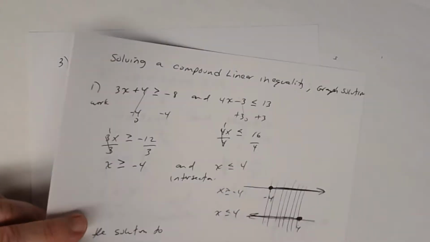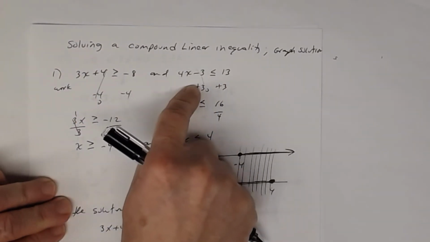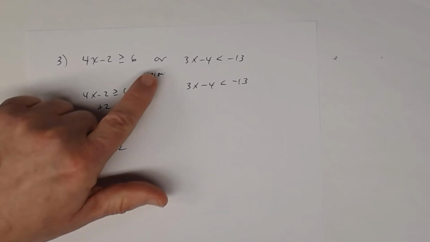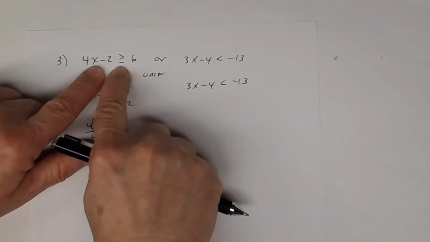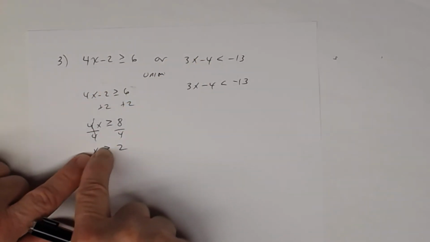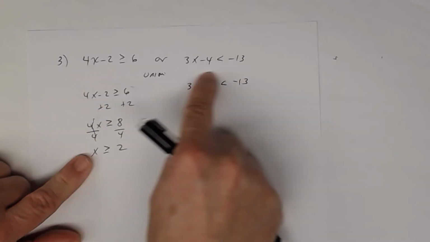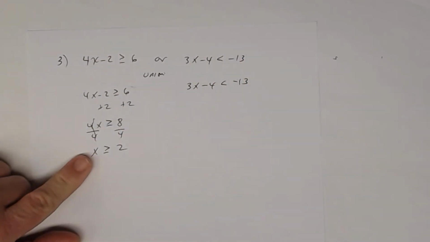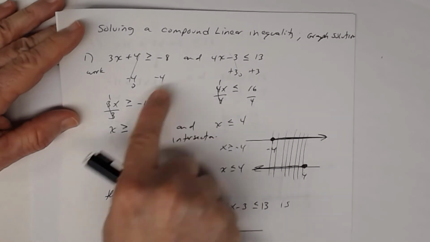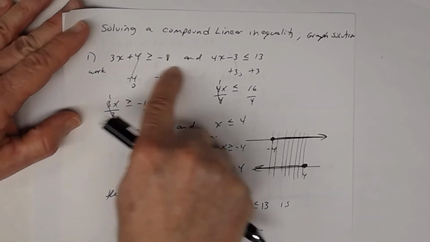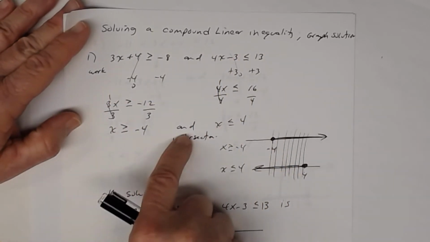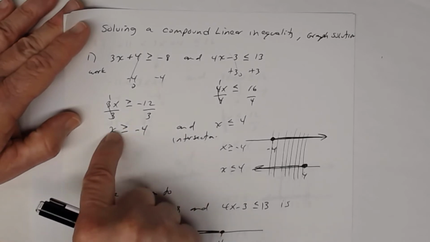AND means it has to satisfy both. And OR means it just has to satisfy at least one of them. So this right here is a solution to the original statement. I couldn't do that here. I couldn't say this is a solution to the original because that's an AND statement. So I had to look at the intersection.